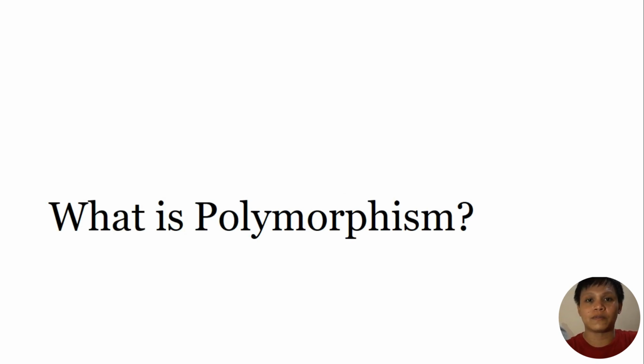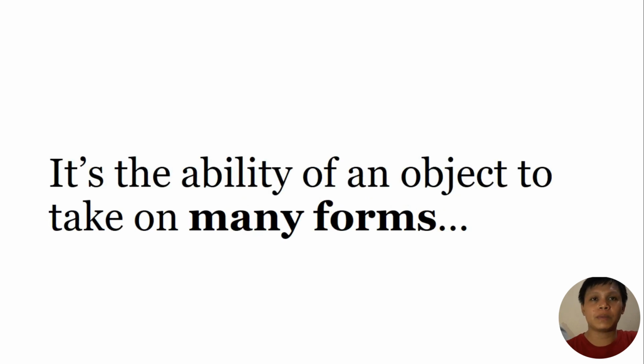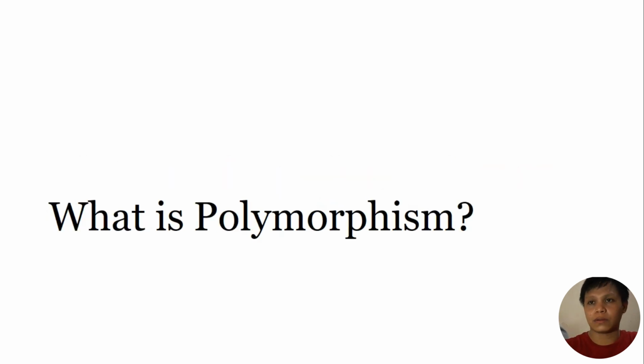What is polymorphism? Before the definition, in order for you to have an idea just from the word polymorphism itself, if we divide this into two words, poly and morphism.